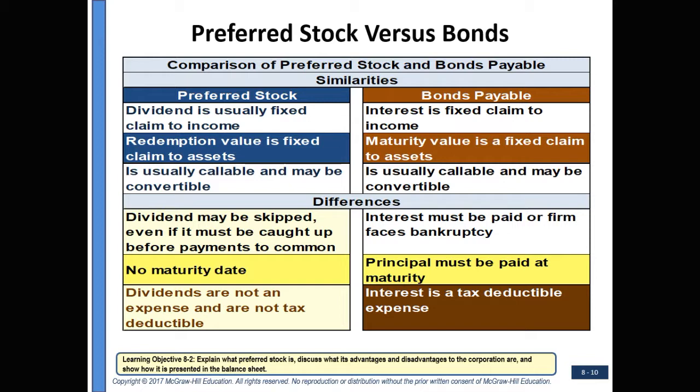In the case of bonds payable, that is in your interest. Also, preferred stock's redemption value and a bond's maturity value are fixed claims to income upon disposal. Preferred stock and bonds are both usually callable, and they may be convertible to common stock.